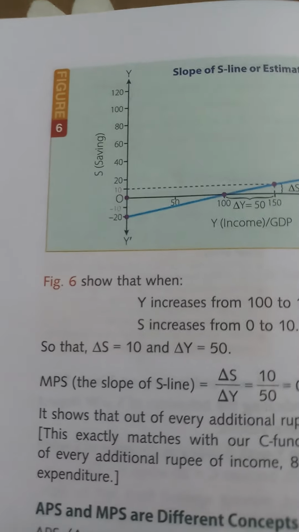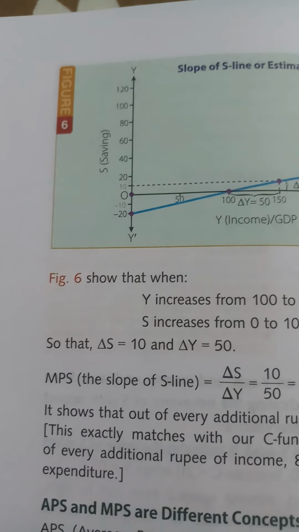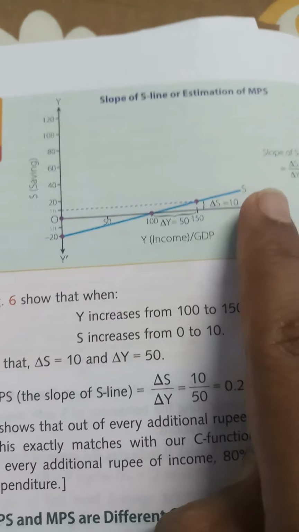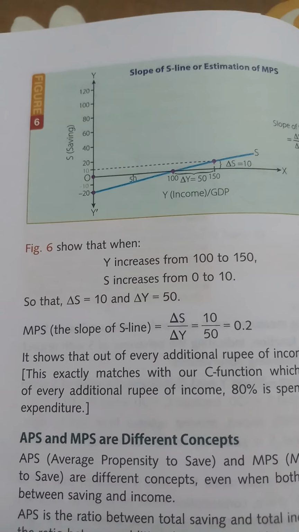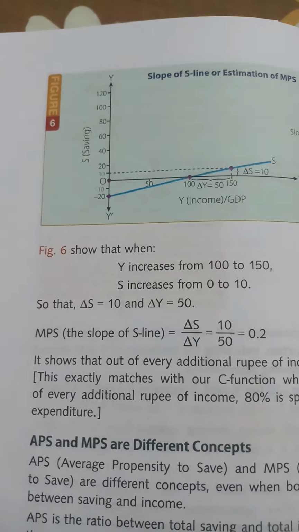So MPS in every case is constant, and since MPS is constant, the S line is a straight line. I hope with this you understand what the saving function is, the table and its diagram.